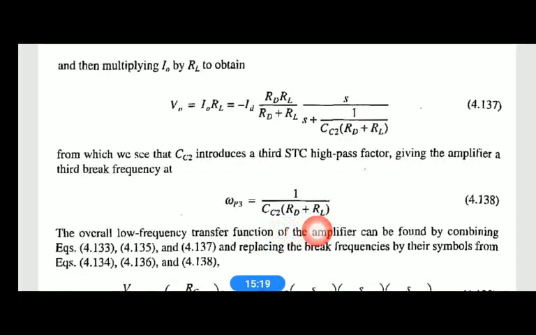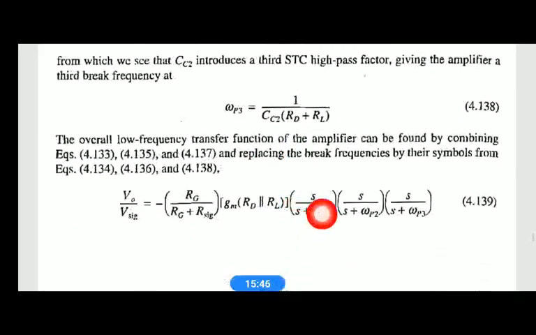This is the angular frequency, the cutoff frequency due to the capacitor CC2. So the frequency FP3 is equal to 1 divided by 2 pi CC2 into RD plus RL, due to CC2.